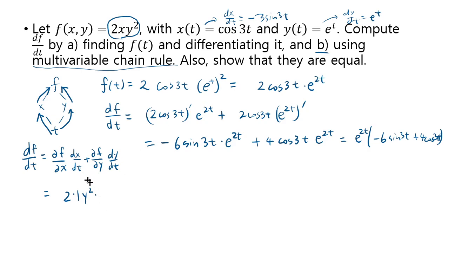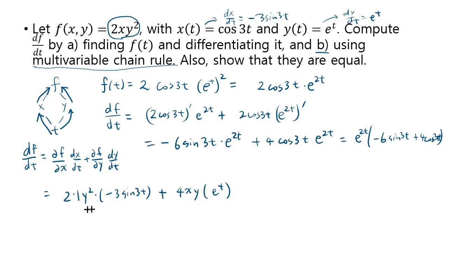So here dx/dt you have to multiply by negative 3 sine 3t, plus the next one, df/dy would be, if you differentiate this by y, you're now treating 2x as a constant. Y squared differentiates to 2y, so it's 4xy times dy/dt, which is just e to the t.